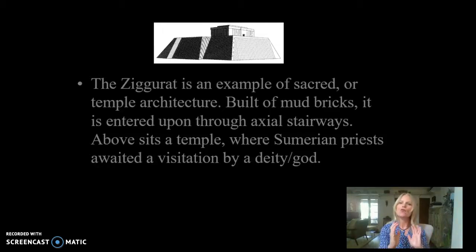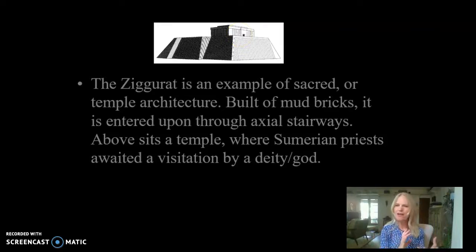So the admission was not granted to the average Sumerian citizen. Again, it was an exclusive experience, and only the most high-ranking religious or government officials associated with the Sumerian world could go into this temple here. But this is the beginning of talking a lot about religious architecture.